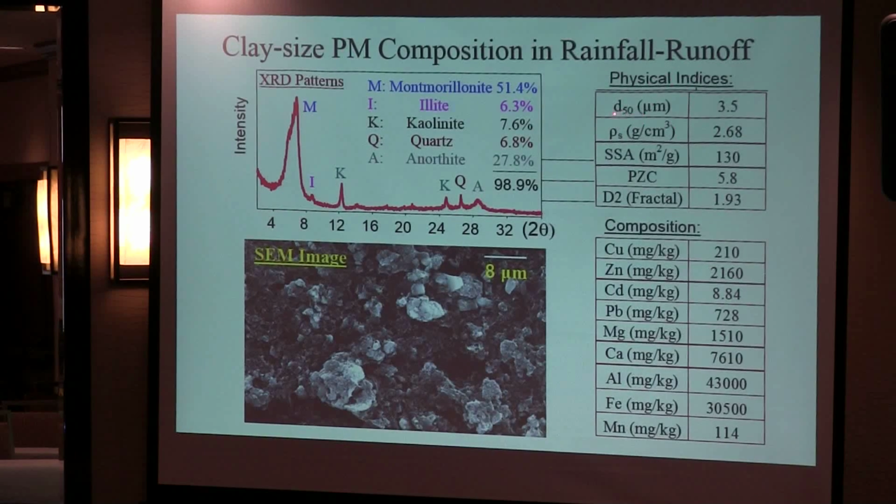Physical indices for these particles: the D50 of the clay size fraction is about 3.5 microns, a density of about 2.68, a specific surface of 130 meters squared per gram, a point of zero charge at a pH of 5.8, and a D2 fractal dimension of about 1.93. So again, these all indicate that these particles can be relatively reactive for adsorption as well as desorption.